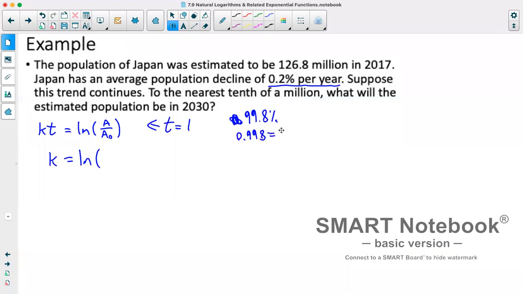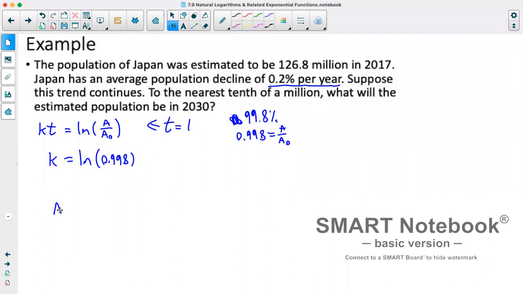So that's going to be representative of A over A naught, because that's our ratio of our current population over our past population. Now, instead of calculating this right now, I'll substitute this into equations later so I don't have to worry about rounding values off.